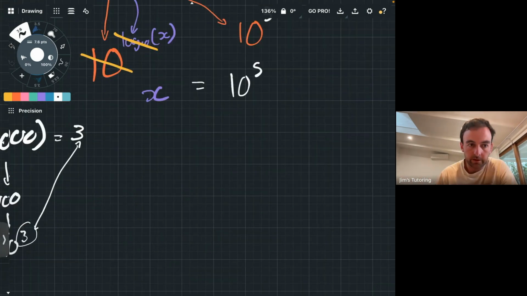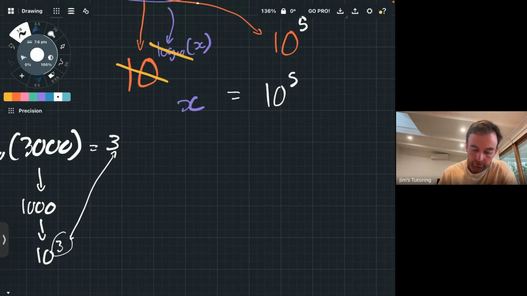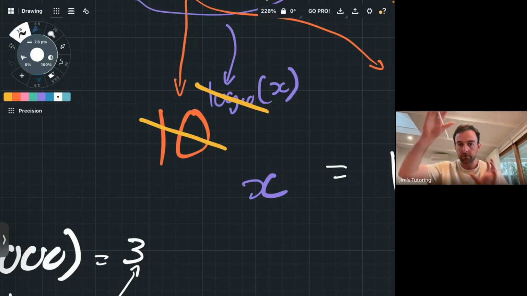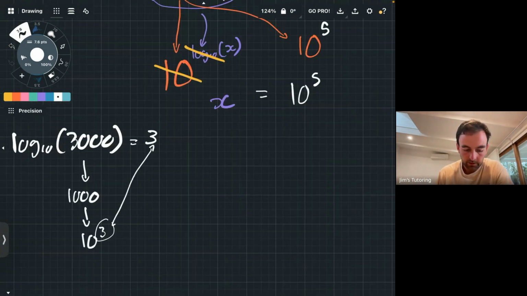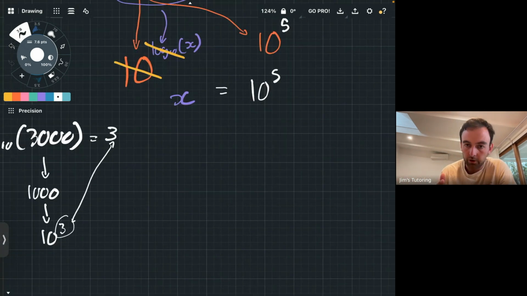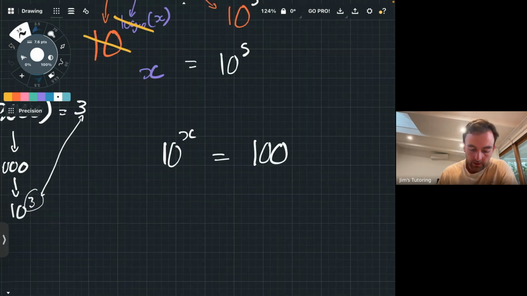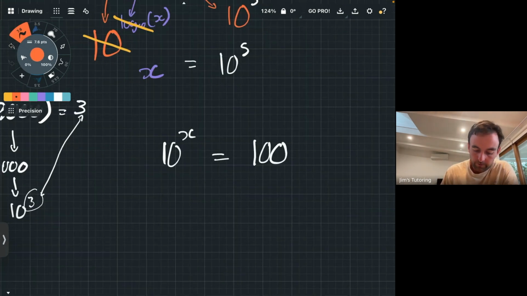The other thing that I'd like to just briefly go through: the log 10 and the 10 cancel out if the log is the exponent, but we can also use a log to cancel that out. So if we had 10 to the x equals, let's say 100, you can get rid of this 10.